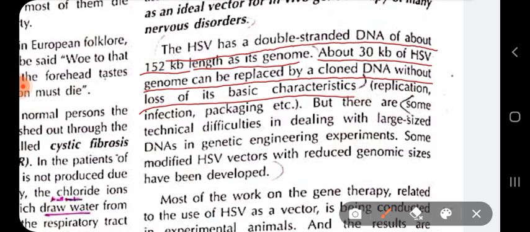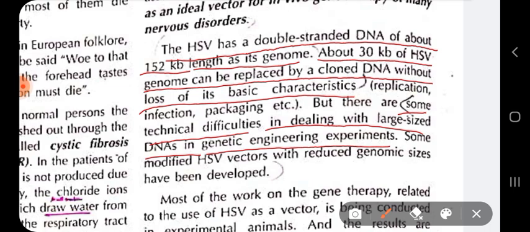But some technical difficulties are observed in dealing with large size DNA in genetic engineering and experiments, because HSV is quite large, so it is a little bit problematic when we are targeting that herpes simplex virus into a target nerve cell. Because of its large size, it is difficult to transfect them into the nerve cells.